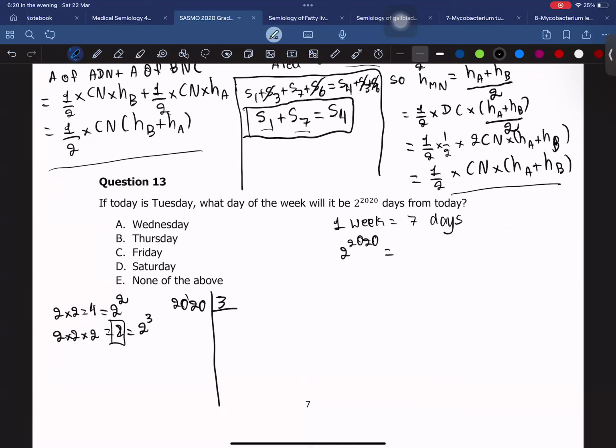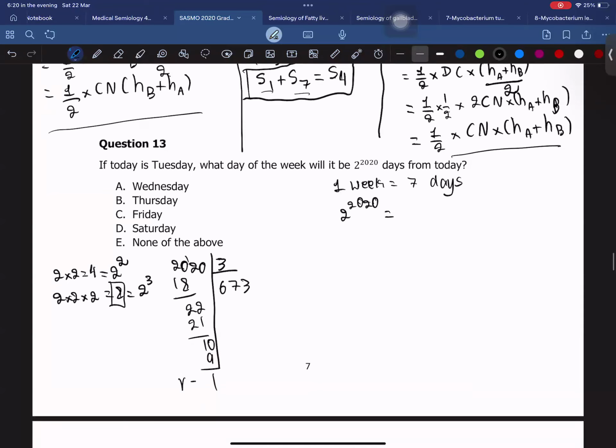So we divide it by 3. We have 6, 2 times 7 is 21... 20 divided by 3 is 6 and the remainder is 2, so we have 2 to the power of 3 to the power of 6 times 2 to the power of 2. In here we can do modulo. Do you know it? It is like the remainder.